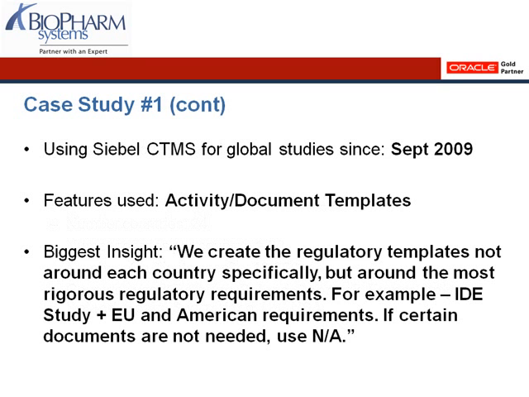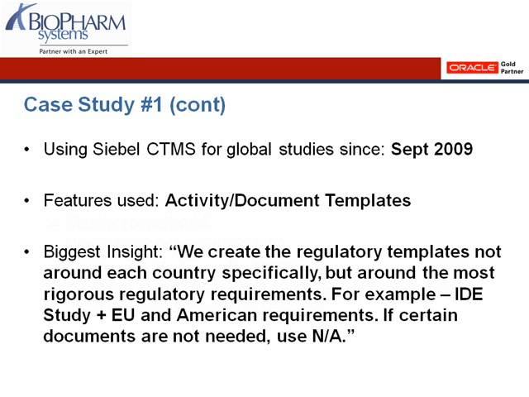So this company has been using Siebel CTMS since September 2009, and one of the features that they are using to manage global studies is the activity and document templates. This is a very common feature that's used in this manner. Their biggest insight has been that they create the regulatory templates not around each country specifically, but around the most rigorous regulatory requirements. For example, IDE study and EU and American requirements.